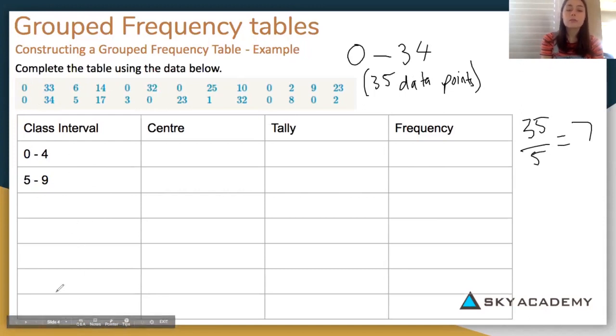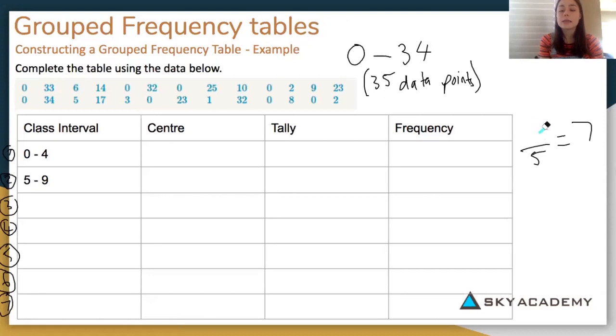So we have 1, 2, 3, 4, 5, 6, and 7. So we have just enough rows for each of our class intervals. So we're going to have 7 intervals with 5 data points in each interval. So now we can do the next one, which will be 10 to 14. We can check that. 10, 11, 12, 13, 14. There's 5 in that interval. And you'll see that it starts to make a pattern.